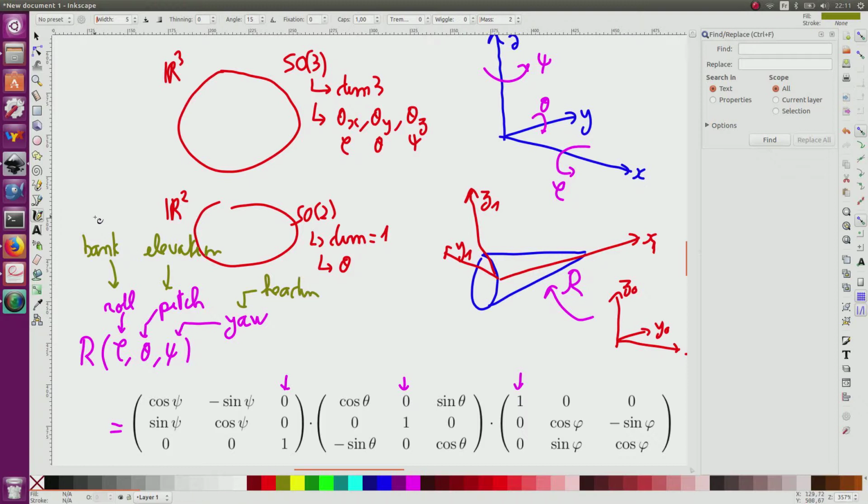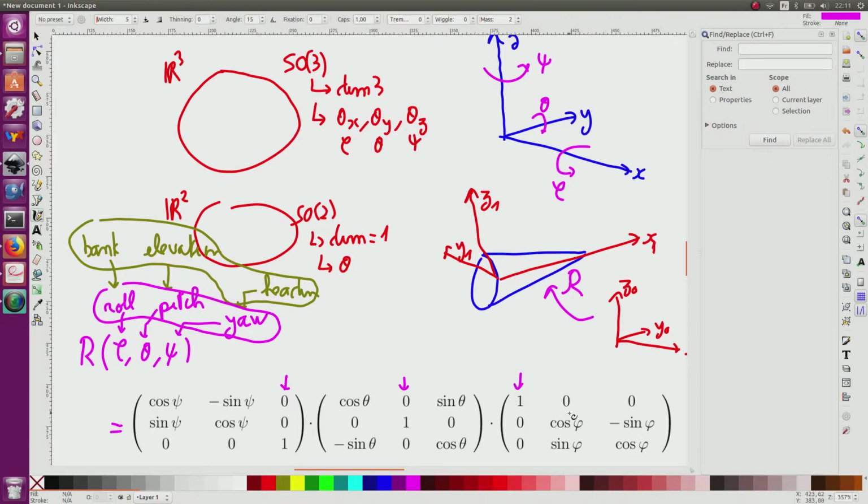So if you want, this corresponds to angles to represent the position of an object, whereas this corresponds to variations of these angles. But often, for simplicity or for historical reasons, they will be considered as angles.